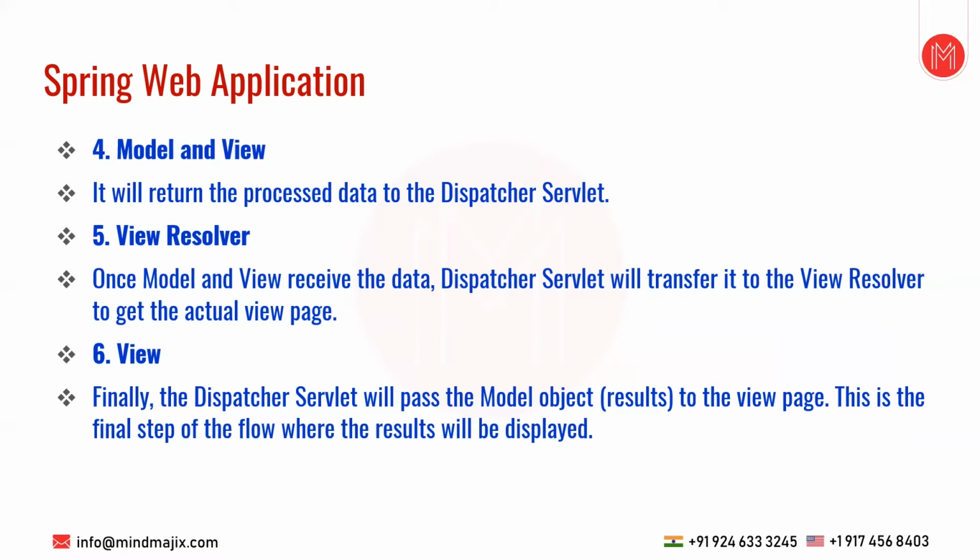And the final step is the dispatcher servlet will pass the model data, results, to the view page. So this is the final step of the flow, which will display the result on the browser. Okay, so these are the steps which are required as part of a Spring Web Application, right?